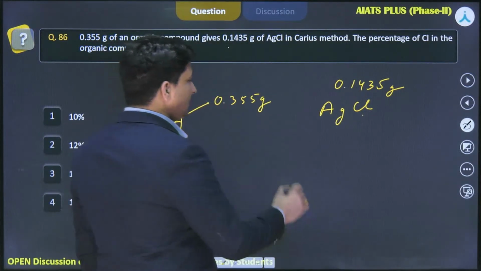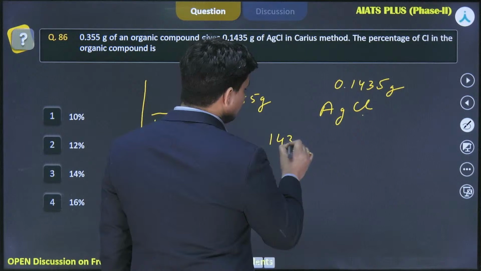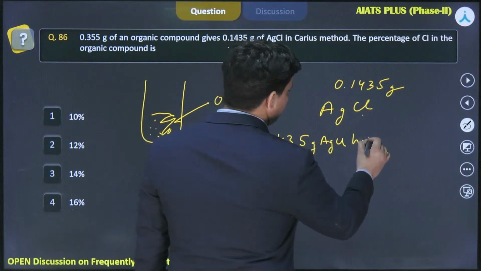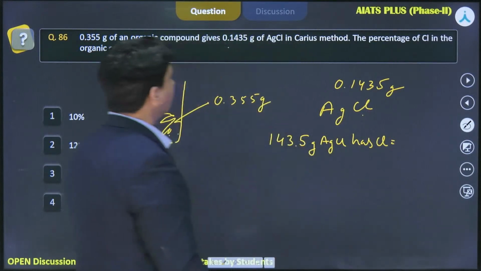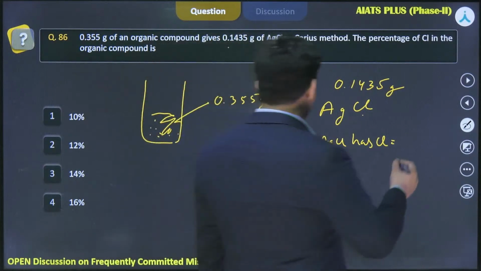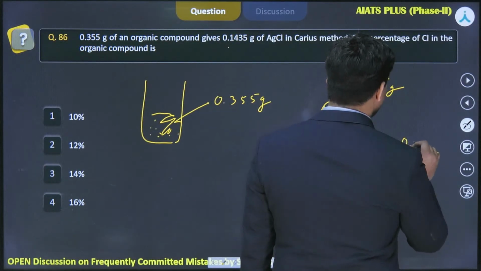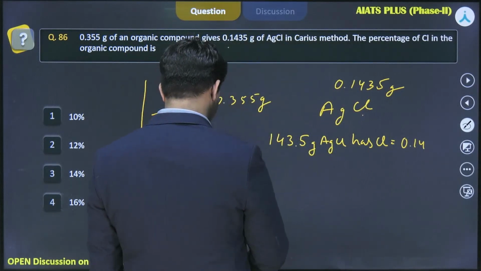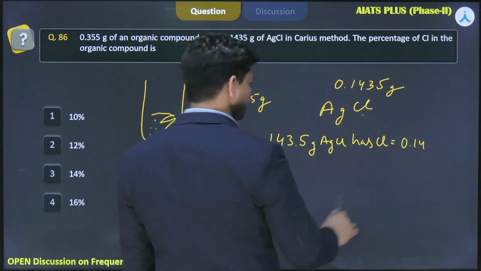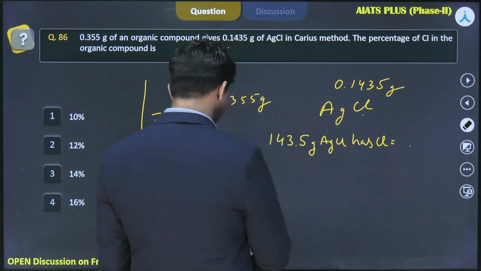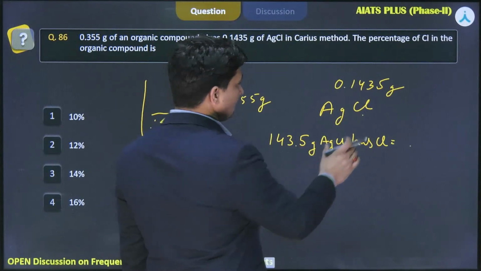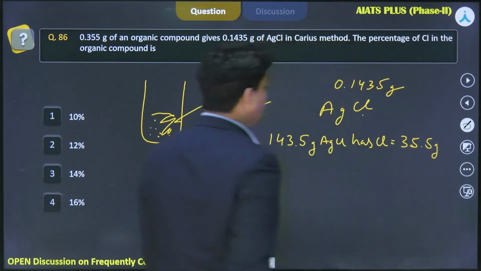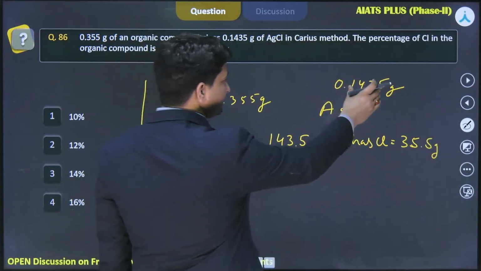So by stoichiometry, we can say that 143.5 gram AgCl has 35.5 gram Cl. Now, 1 gram AgCl and 0.1435 gram.